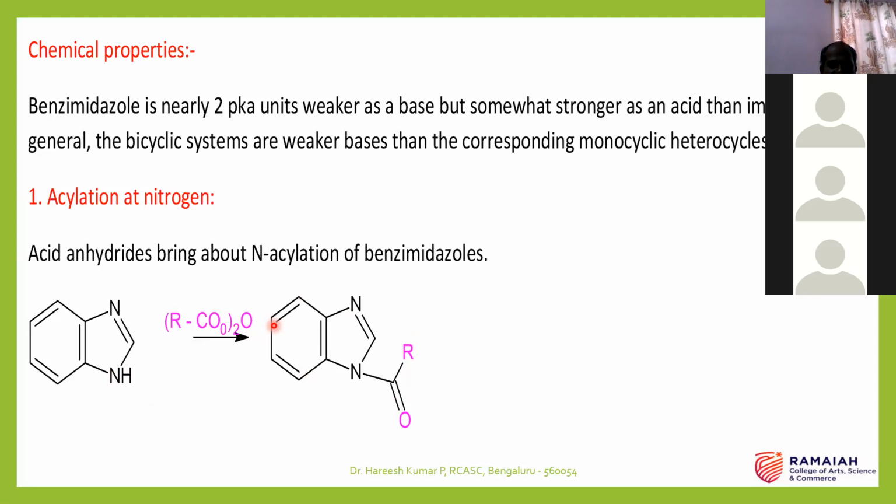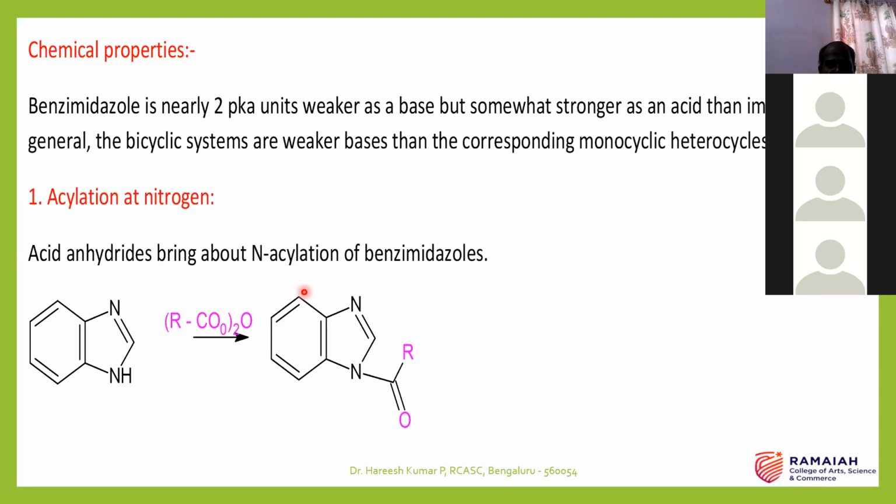So it means that the NH proton is more labile and it immediately reacts with an electrophile. The electrophile may be a carbon electrophile, meaning alkyl halide, aryl halide, acyl halide, whatever it is, methyl bromide, ethyl bromide, many things, forming N-alkylated or N-acylated products.